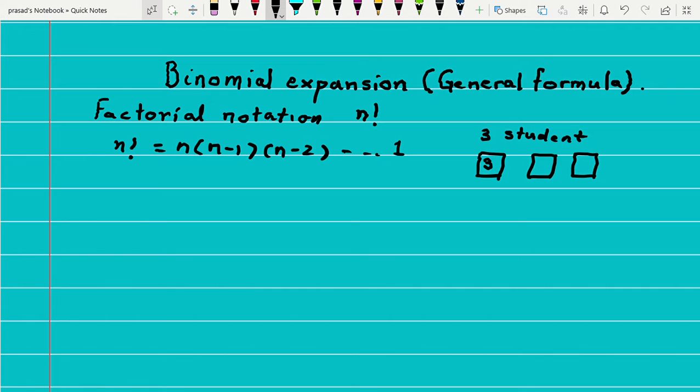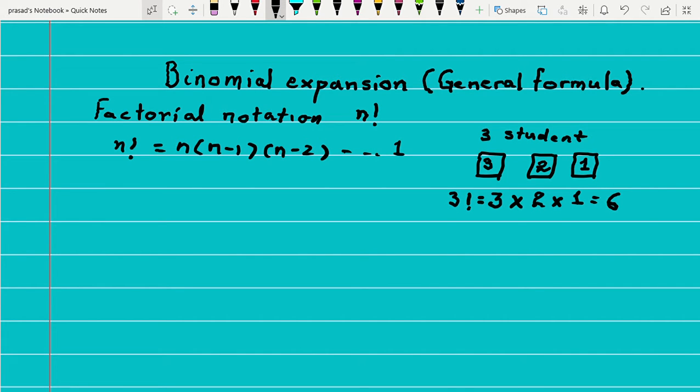Now same student cannot sit on the second chair. So second chair can be filled by 2 ways, and similarly the last chair can be filled by 1 way. So total number of ways will be 3 into 2 into 1, and that is nothing but 3 factorial, which is equal to 6.